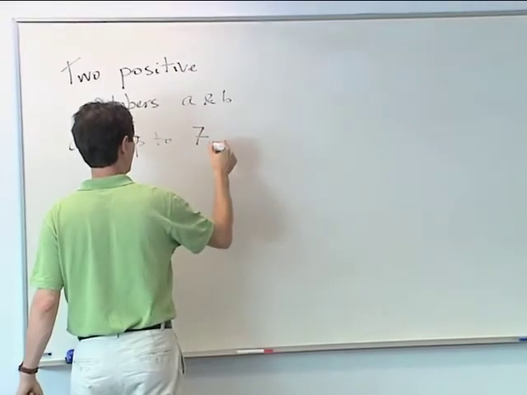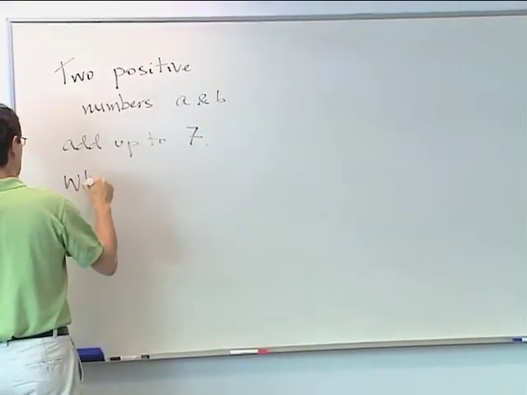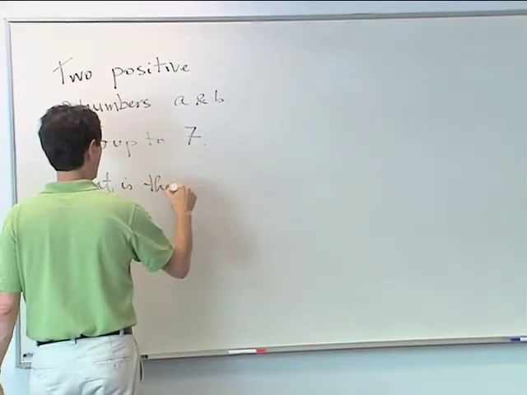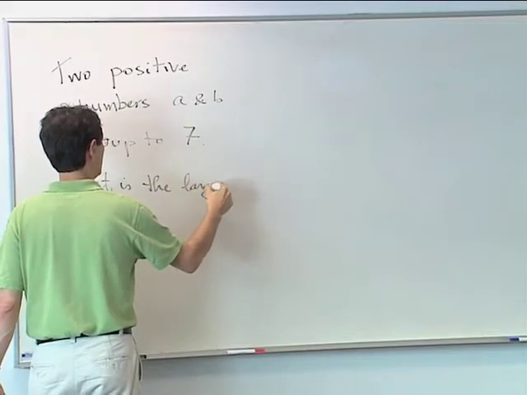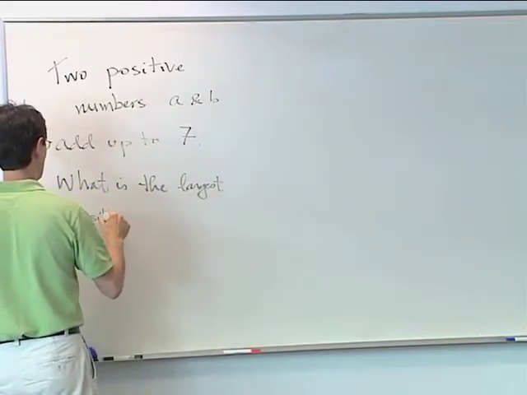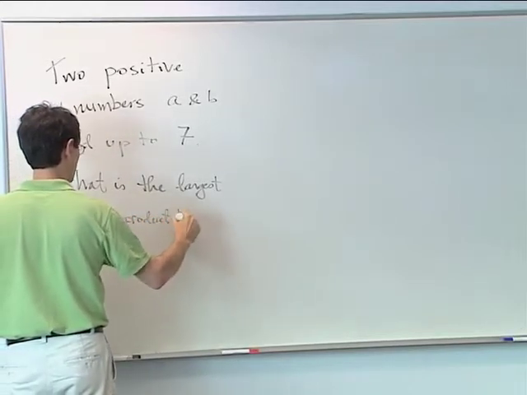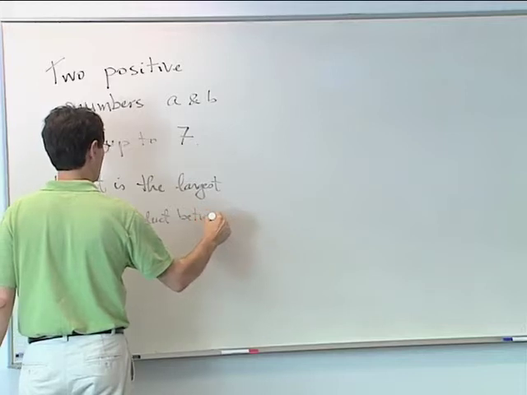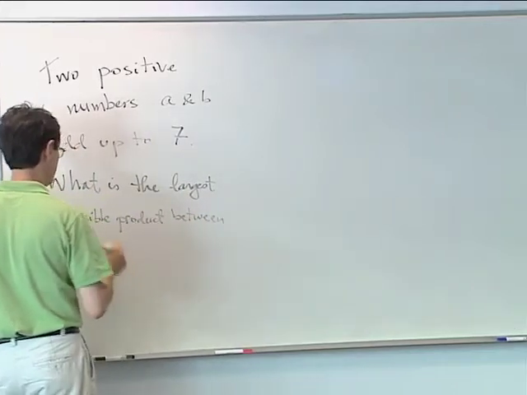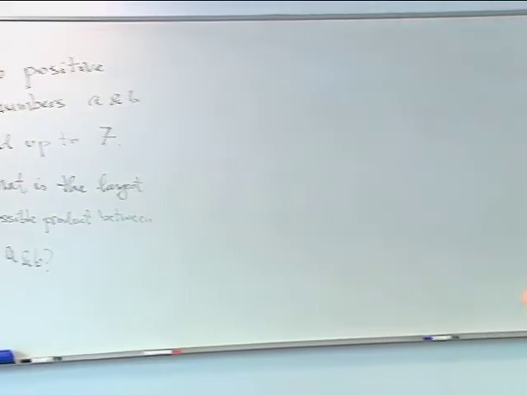Add up to 7. What is the largest possible product between A and B? So you give me two positive numbers, and they add up to 7.